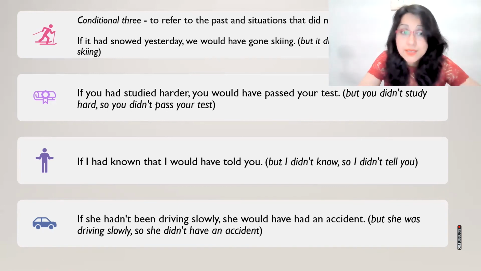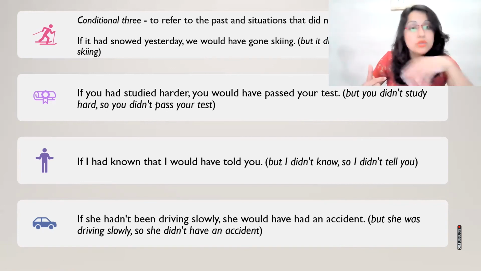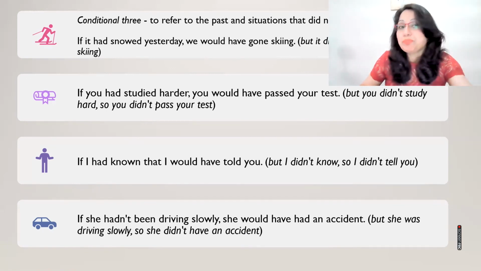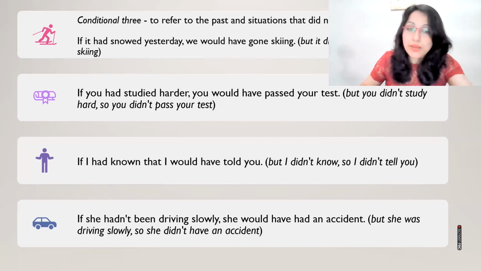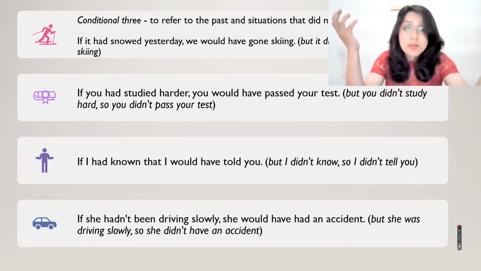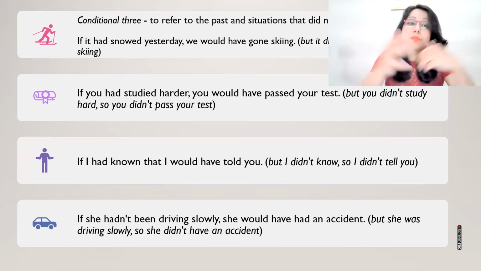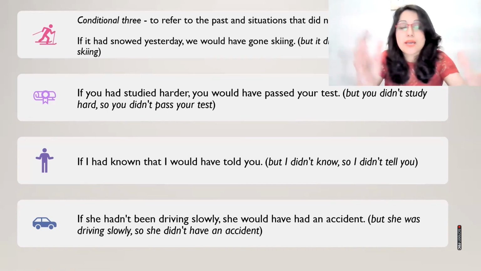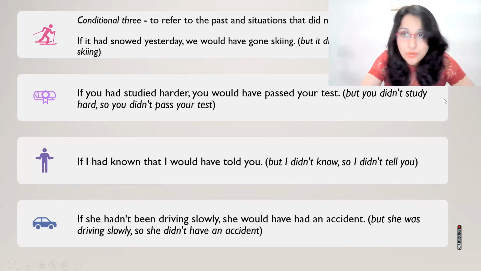It talks about things that happened in the past, and then you are imagining a different past. Okay, because probably you're not happy with the way something happened, or you're just imagining a different result of something that did not happen. You want to change that, but again, not a possibility. All right, so that's how your second and third conditionals are different.